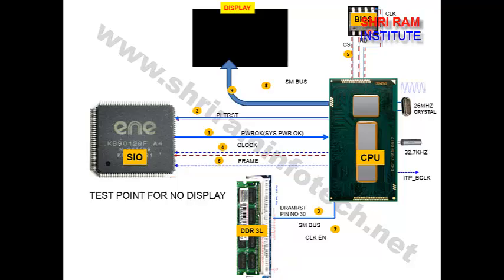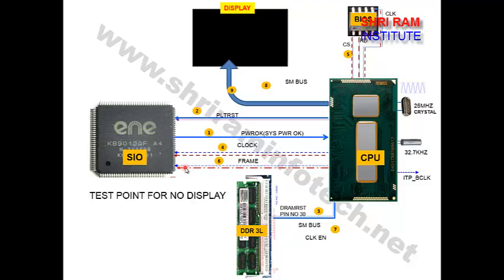Okay, so after the BIOS, the next signal you have to check is the frame signal. You can check this frame signal on the SIO. It's called LPC frame. It is not a fixed frequency. There are pulses, and you can check the signal with the oscilloscope.